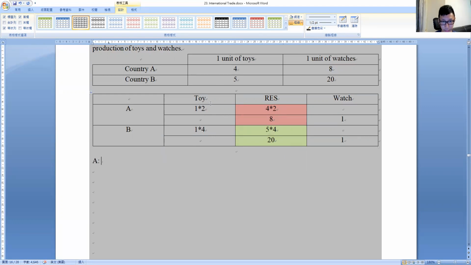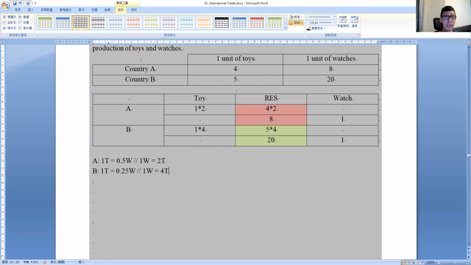You will see from this table, 1T would be 0.5 watch, or 1 watch would be 2T. Now for country B, 1 toy would be 0.25 watch, and 1 watch would be 4 toy.